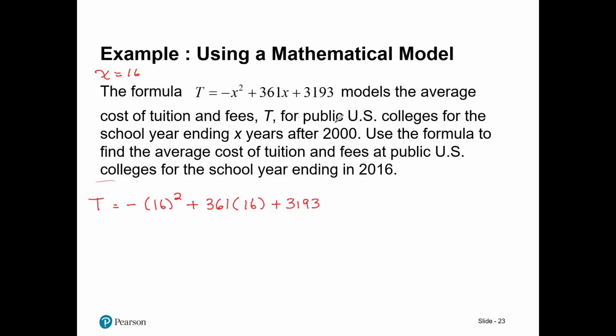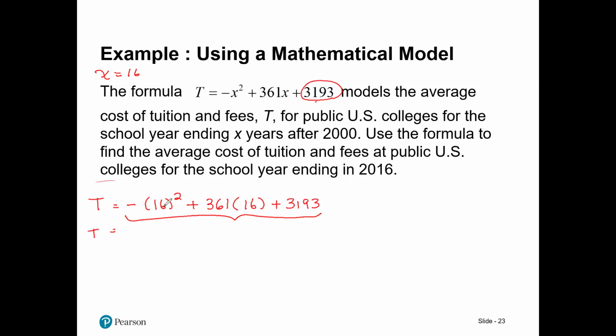In 2000, that is representing the average cost of tuition and fees. We're going to see what it is now, 16 years later. So we are going to evaluate this.